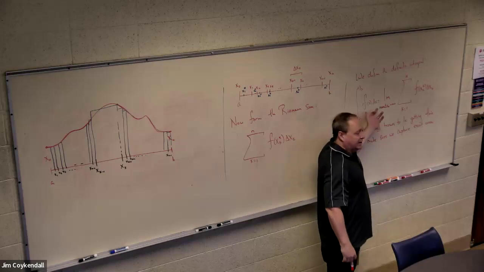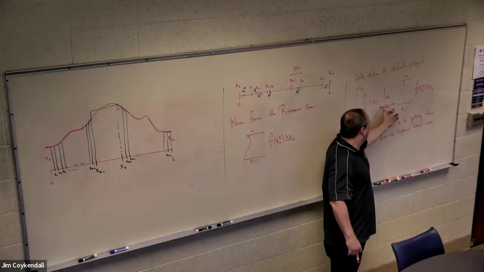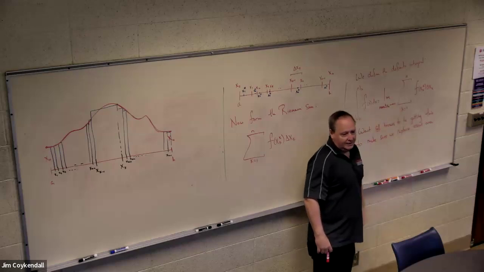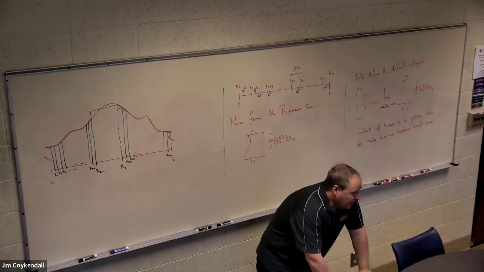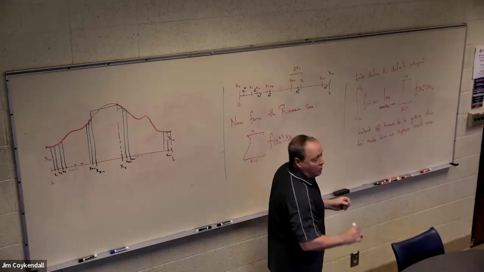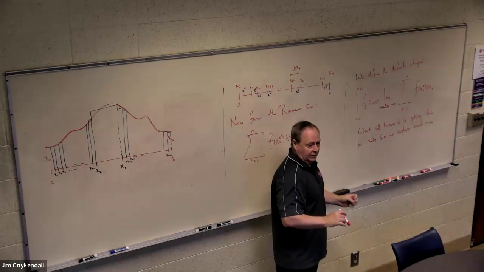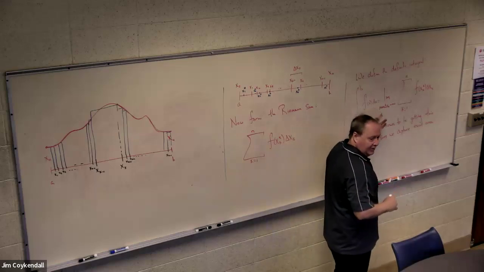The only way that we know how to do this so far is number one, recognize it's an area, or number two, do this limit, right? Now, there's got to be an easier way to do this, otherwise people wouldn't have to do this. And we're going to see that there's an easier way. You are going to learn some fancy tricks in this course to figure out what this is.